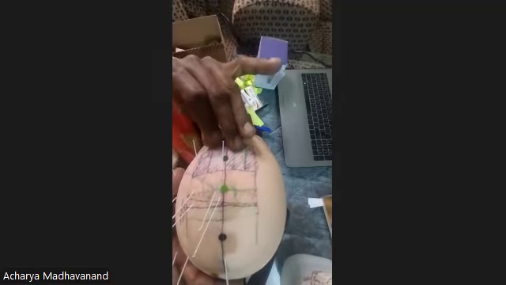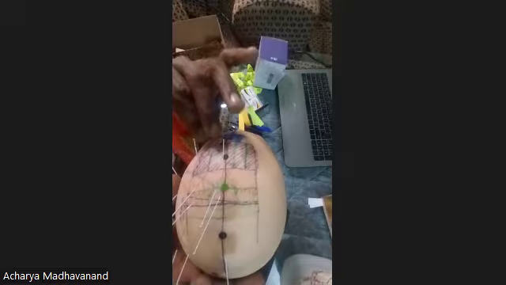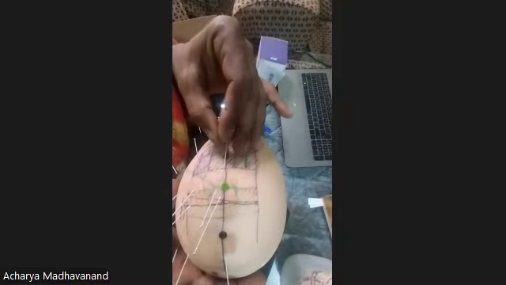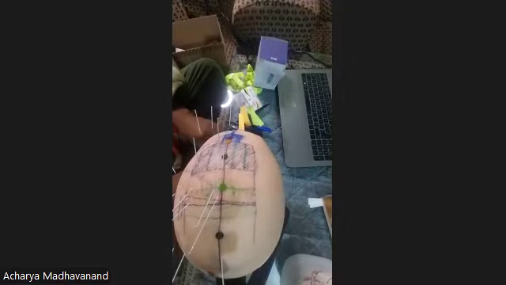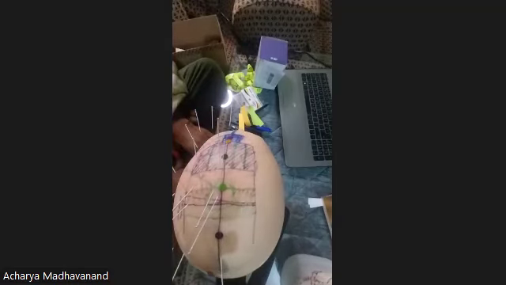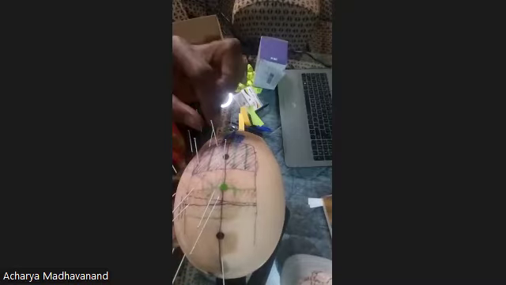Then you put needles on this area like this, because it is going towards middle jiao.